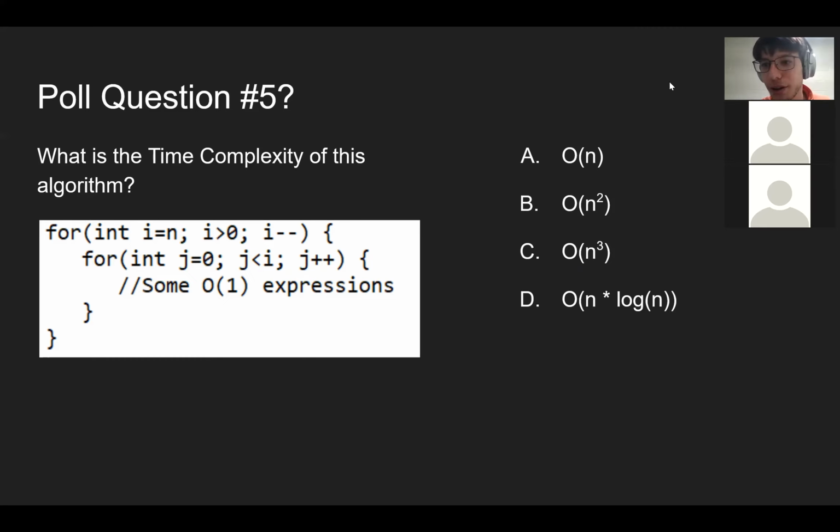This one's kind of a tricky one. We can just go over it if you guys want.